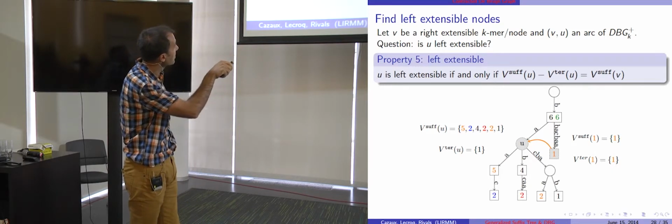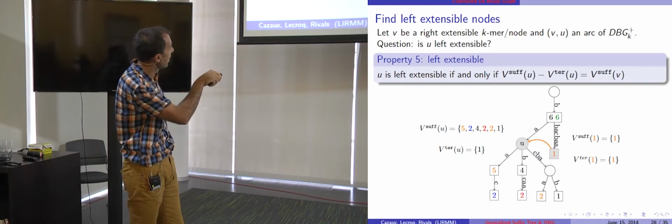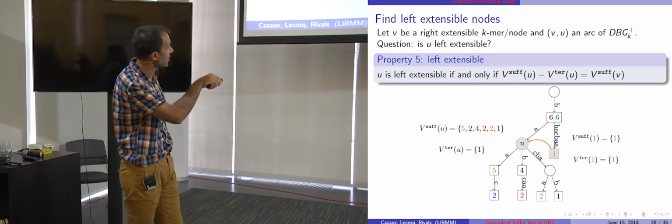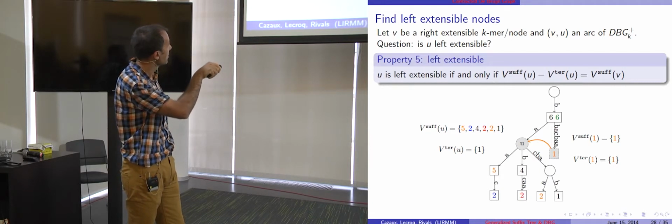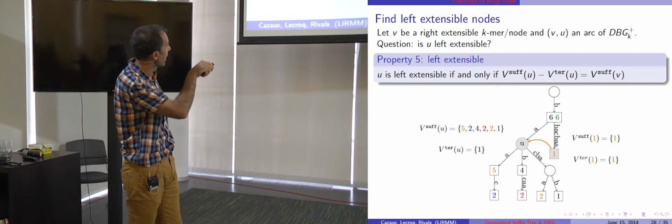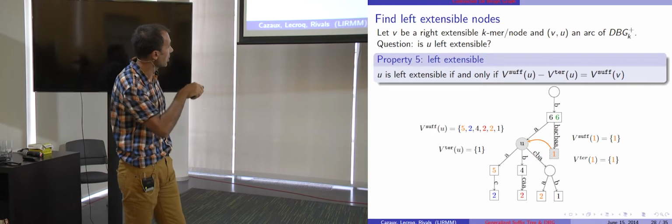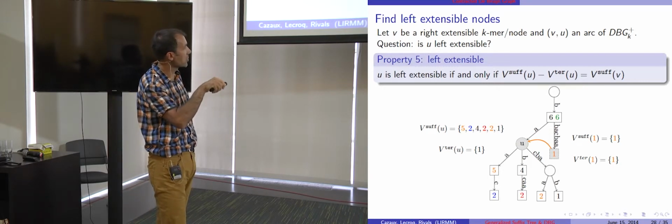Therefore, we have this. The set V suff of U is the set of all suffixes which have U as ancestor, and we have all those 6 column numbers. And you remove the terminal one because it has no predecessor. And the question is, where do the suffix links of those nodes come from?